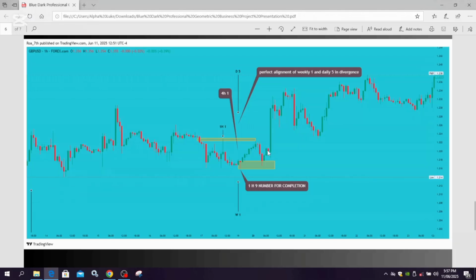1, 2, 3, 4, 5, 6, 7. Delayed. 8, 9, 10, 11, 12, 13, 14, 15, 16, 17, and all this price action is going on like this. You don't mind, because you've already entered here.